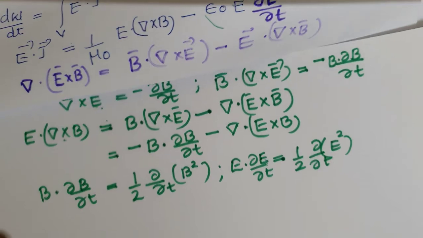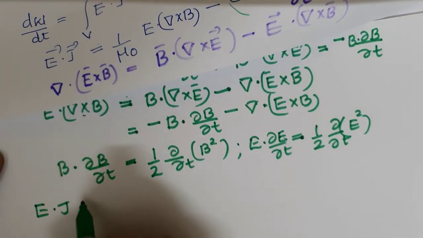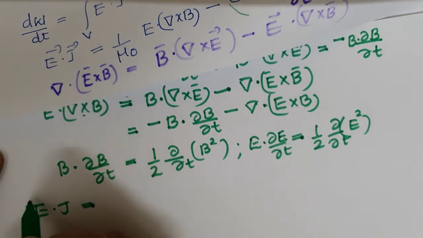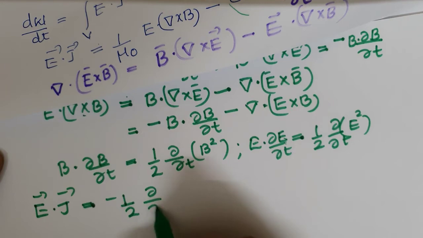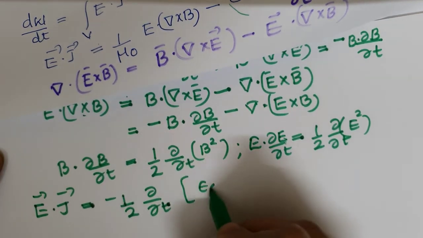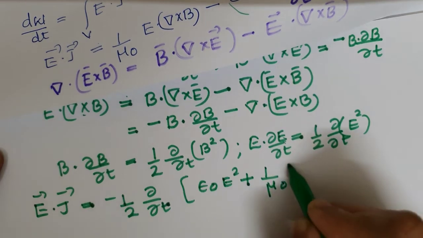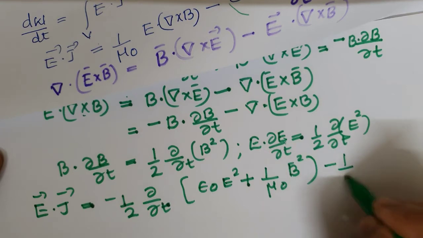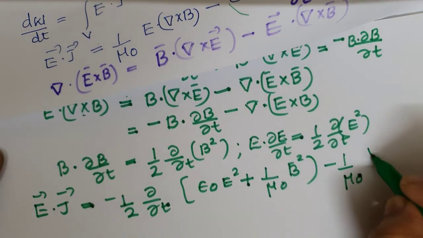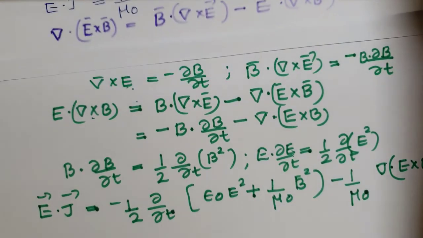Rearranging, we get E dot J is equal to minus half dou by dou t of (epsilon 0 E square plus 1 by mu 0 B square) minus 1 by mu 0 del dot (E cross B).